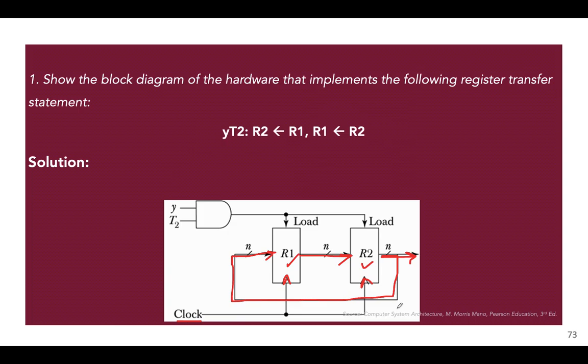The third thing is your load, your control statement, which is directly given to you. All you have to do is use the appropriate gate for Y and T2, and both of them together will control the loading of your registers. And that completes the hardware that implements the given register transfer statement.